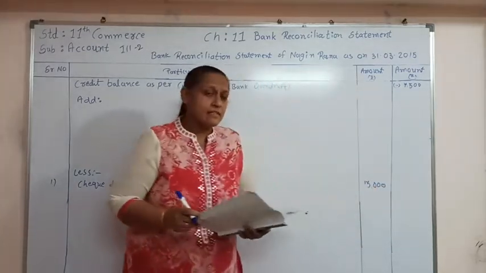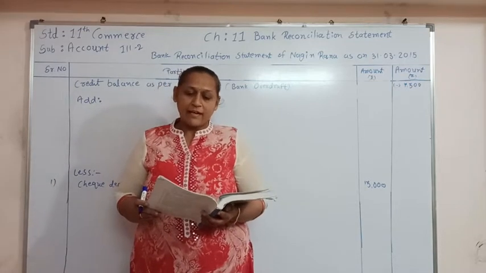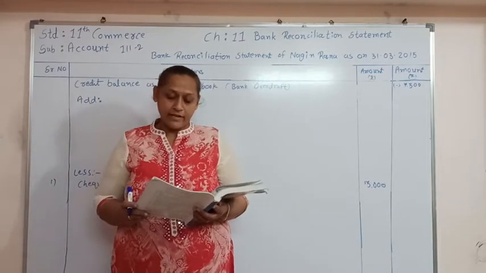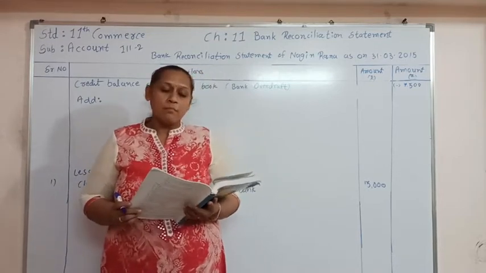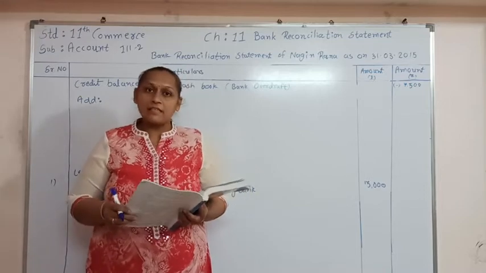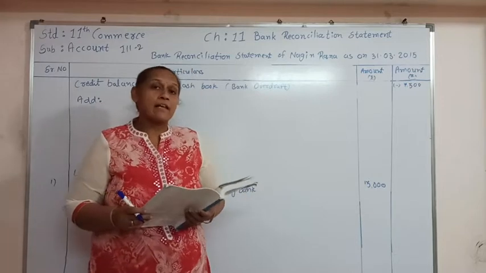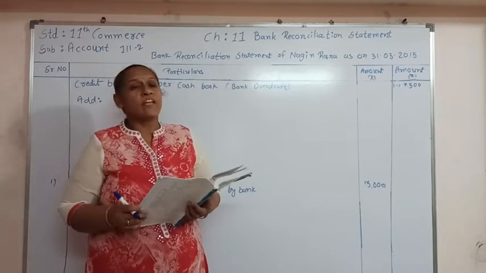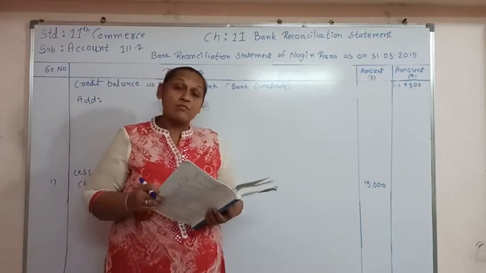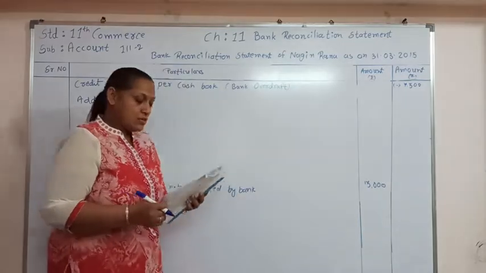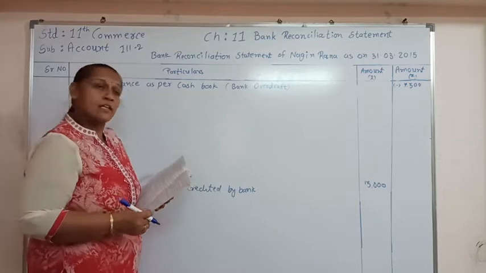Now let's see transaction number 2. Interest of rupees 60 credited by bank on 31st March 2015 not recorded in the cash book. So interest is credited by the bank, that means the balance is increased, but the balance of the cash book is not increased as it is not recorded in the cash book. So here we are going to add the same amount so that the balance of cash book and passbook will be the same.